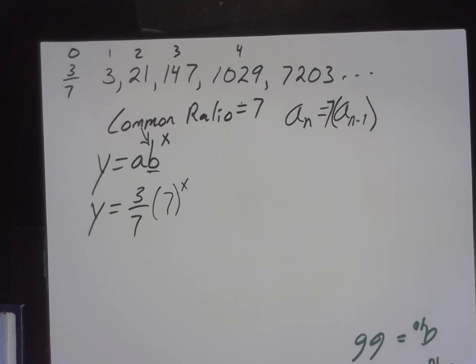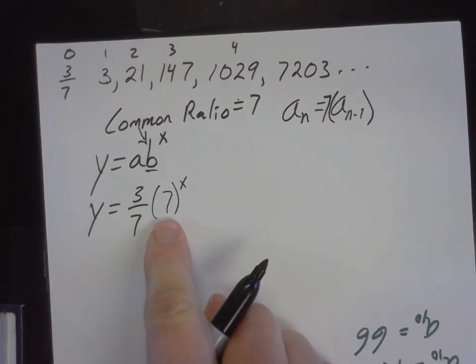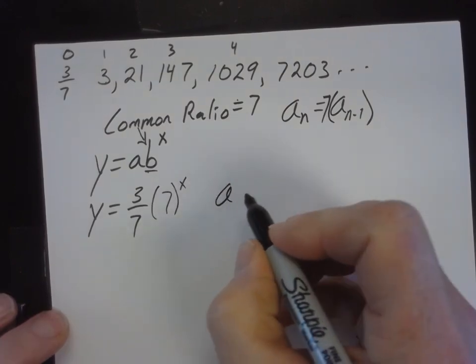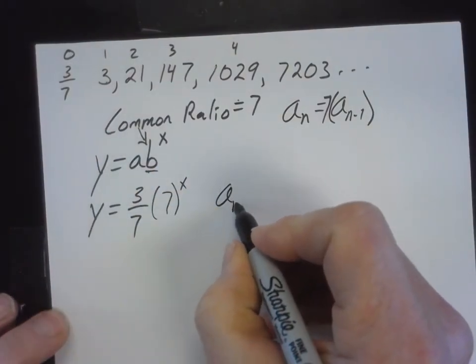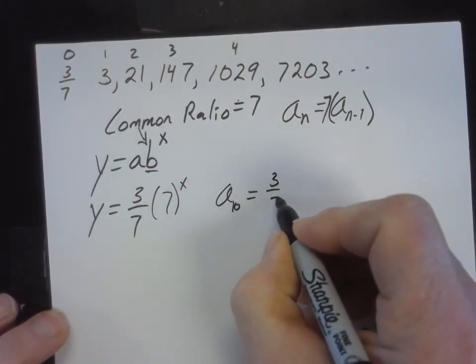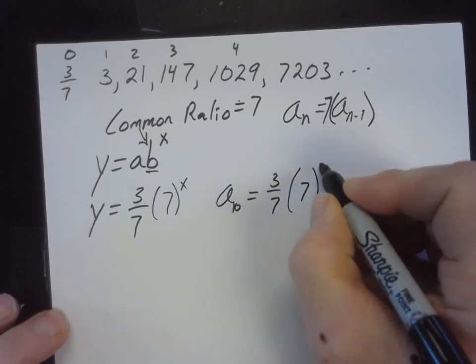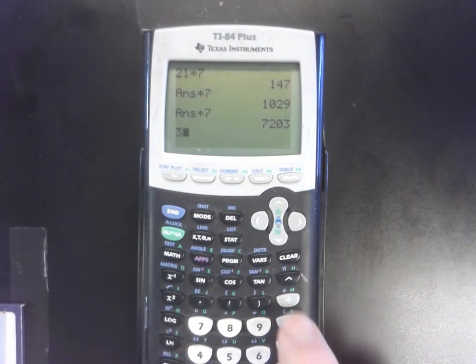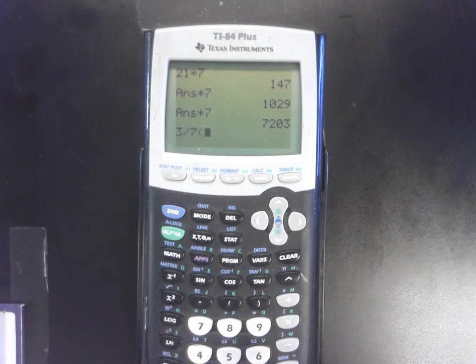We have our common ratio. There it is. So if I want the 10th one, if I want a sub 10, I just take 3/7 times 7 to the 10th power. How big a number is that going to be? Pretty big, pretty big. Okay, so 3/7 times 10.